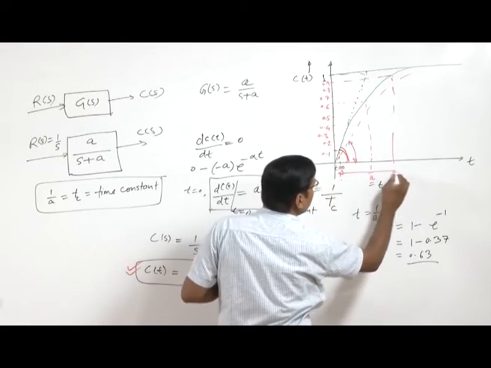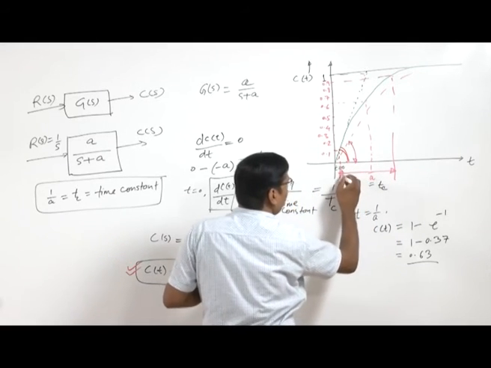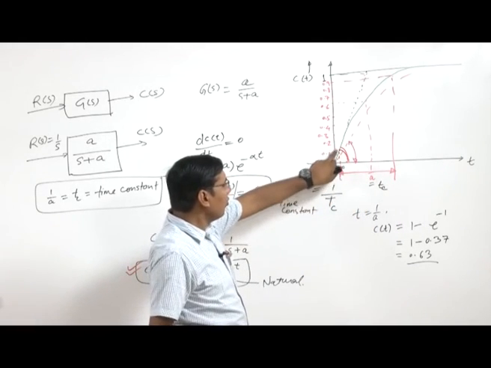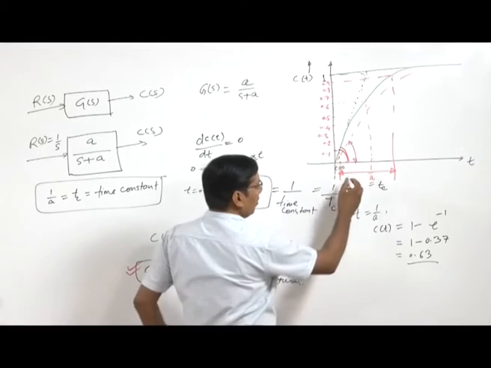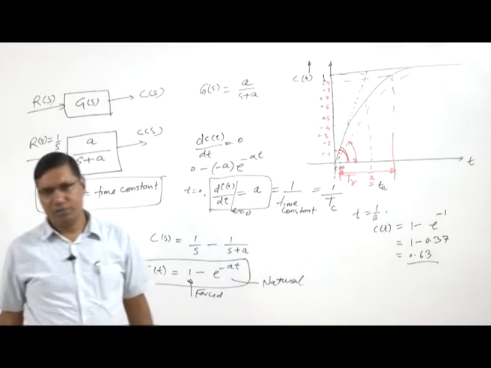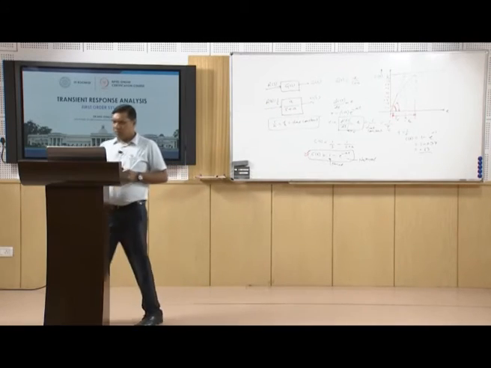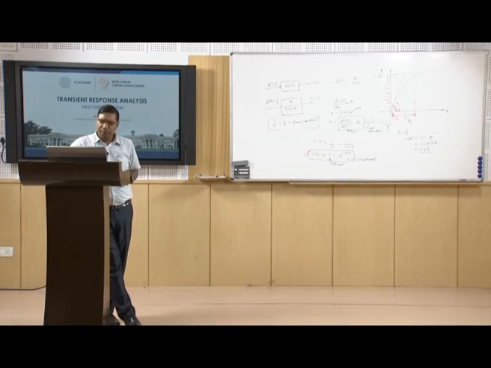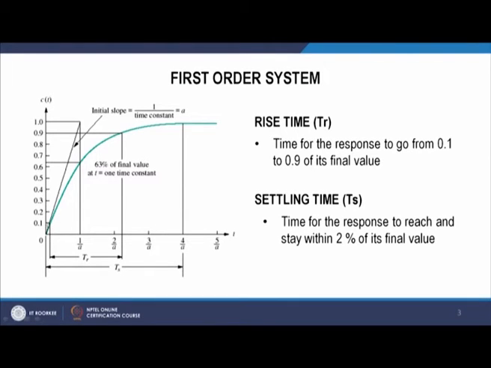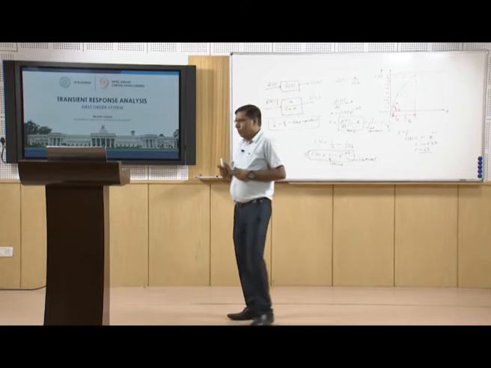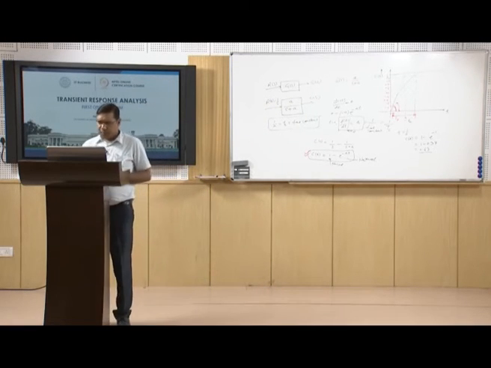This time when the response grows from 10% to 90% is called the rise time Tr. We can see in this diagram also, here we have the rise time Tr from 0.1 to 0.9. So, rise time is the difference between the two times from 10% to 90%.